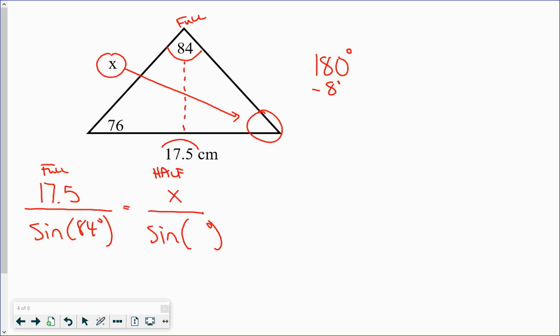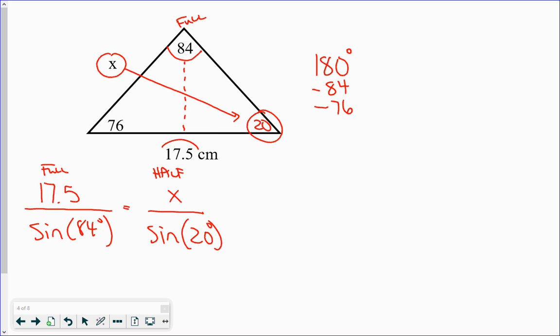I know two of the corners, so if I minus them off from 180, let me just do that here on my calculator, I get 20 degrees. So now I have my half pair. I know 17.5 goes with 84, x goes with 20.